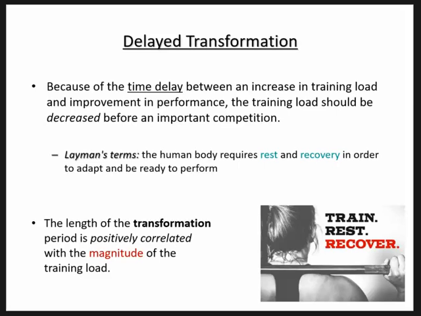Someone asked how long the transformation period is, and it can be anywhere from a few days to one to two weeks. But again, the higher the training load, the greater the time needed to adapt. So the greater the transformation period.